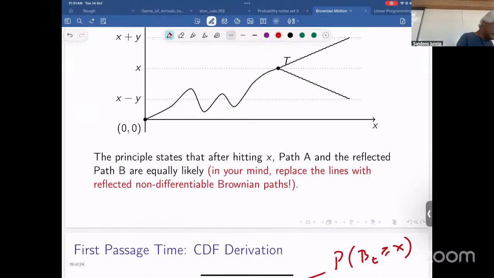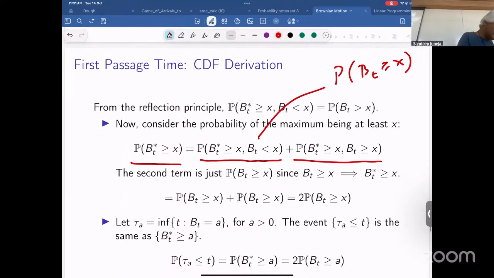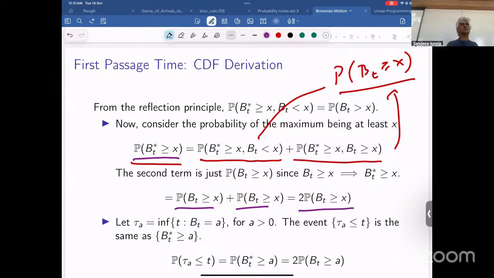So now what have we shown? We've shown that this is equal to this quantity right here, and this of course is also equal to this quantity right here. So this probability is this probability plus this probability. So it's 2 times the probability that BT is greater than or equal to small x.